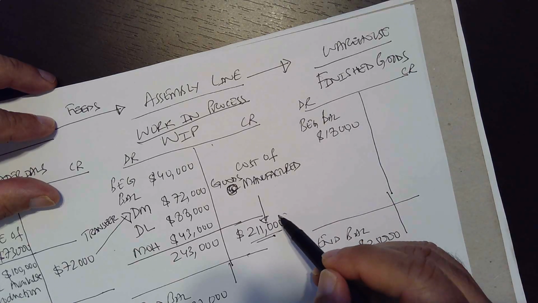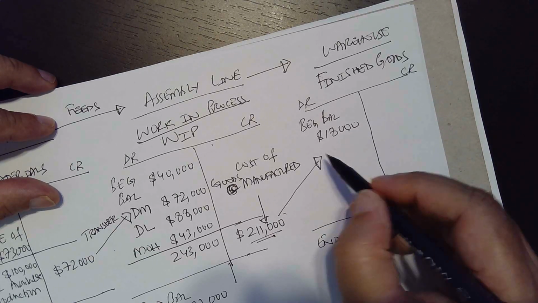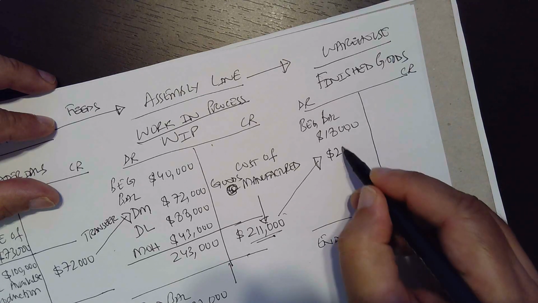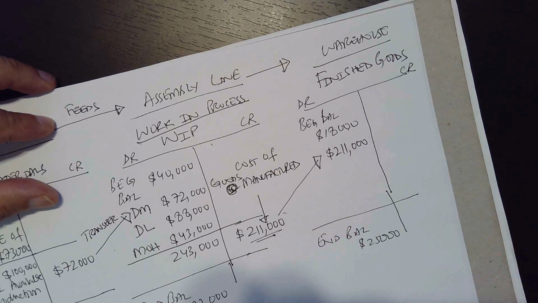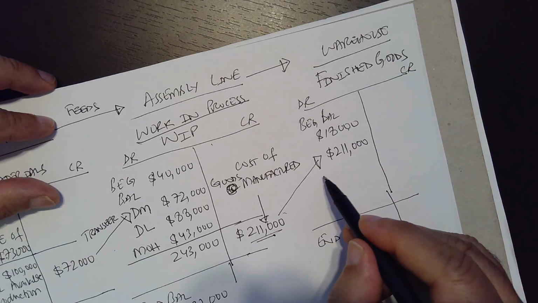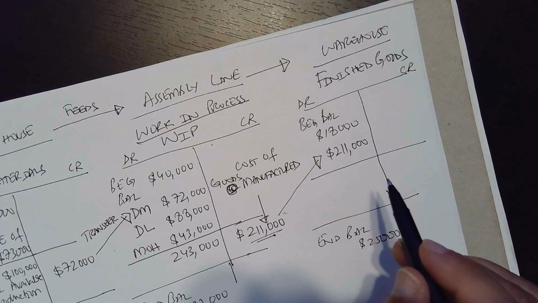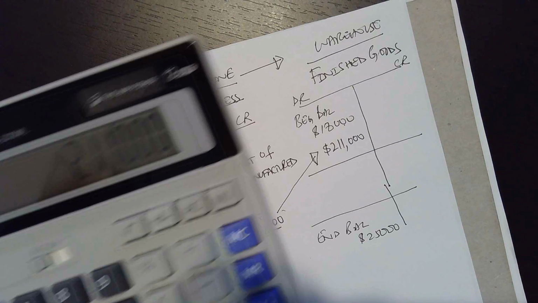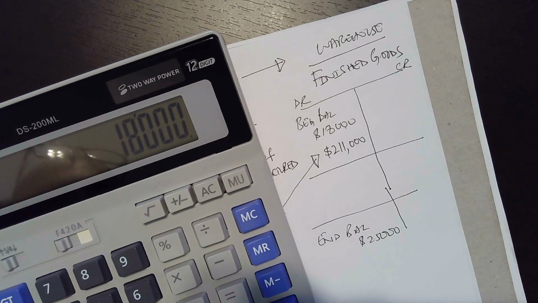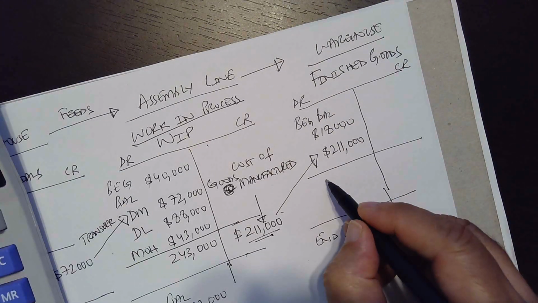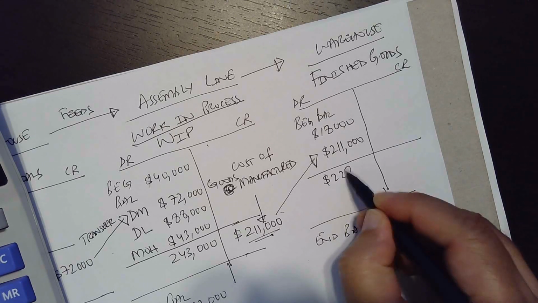Now this finished goods inventory beginning balance is 18,000. So this transfer over here is 211,000, right? So when you add these two, 211,000 plus the 18,000, you get $229,000.